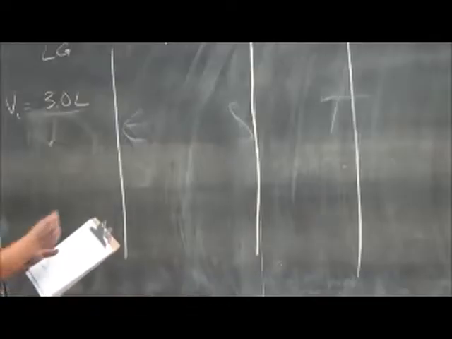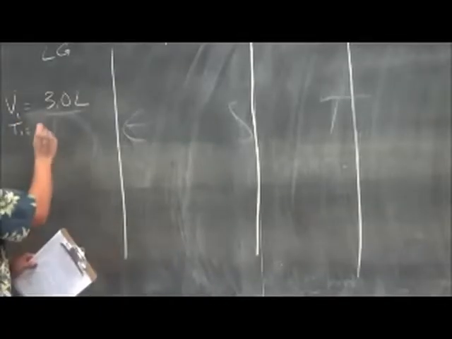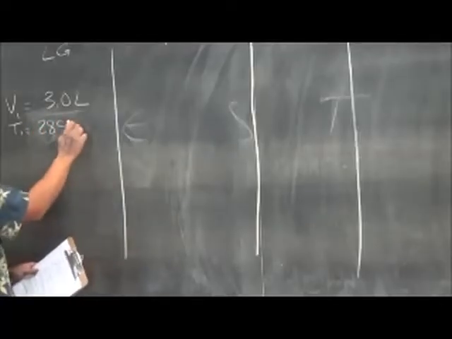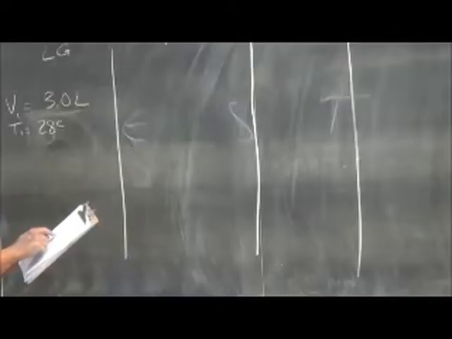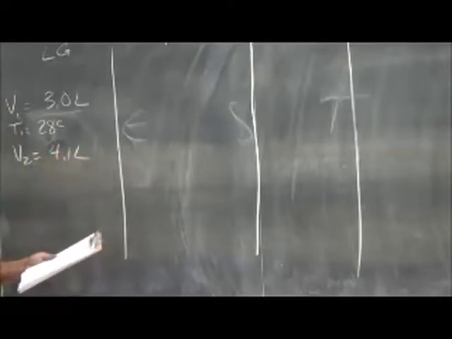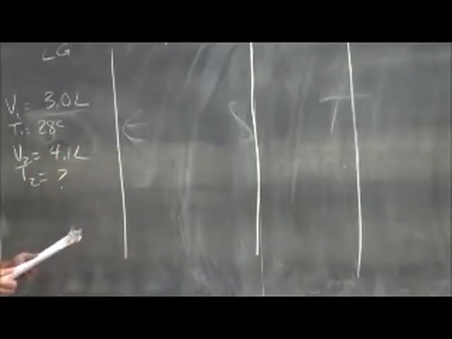Our first initial temperature is 28 Celsius. We're going to do something here though, so just wait on that. Our second volume is 4.1 liters. And our second temperature is going to be our unknown.